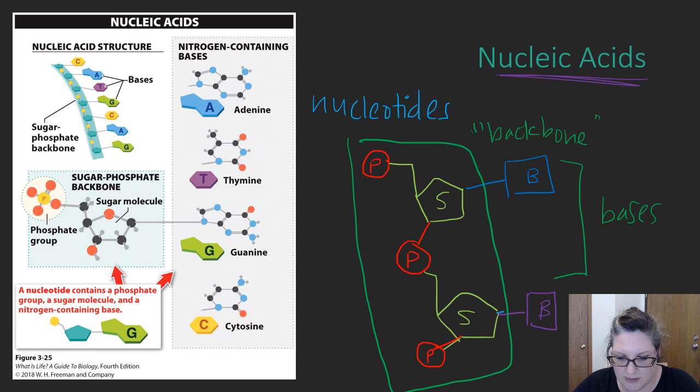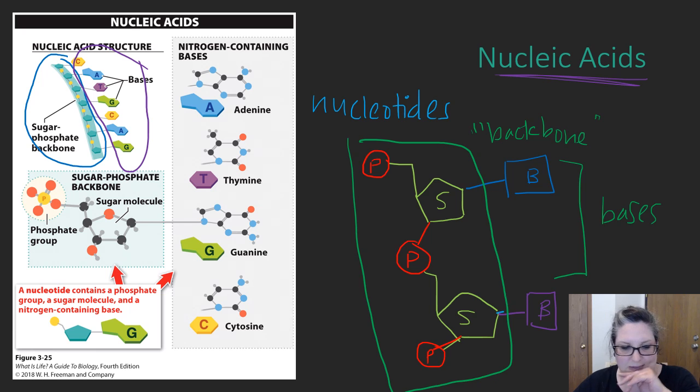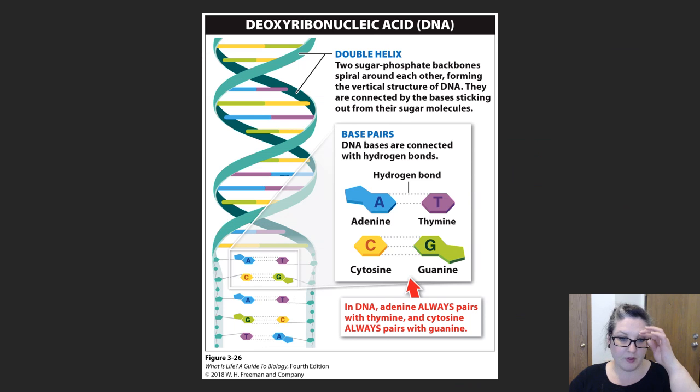So on the left, if we look at the figure, there's the backbone, and sticking out are the bases, made of nucleotides. The first type of nucleic acid I want to talk about is deoxyribonucleic acid. This is DNA. And this is the thing that stores our genetic information.